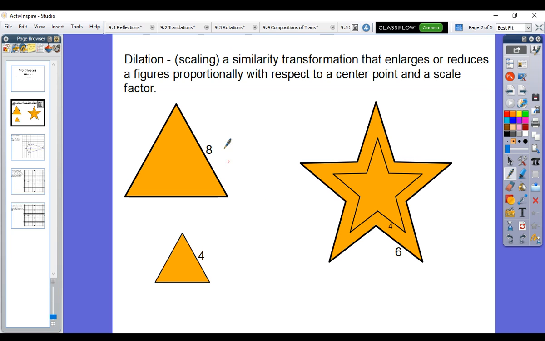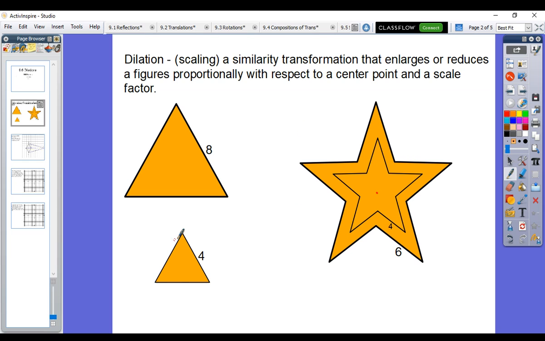Sometimes the center is outside, meaning they're reflecting from one side, or sometimes the center is in the middle and it's shrinking down. It's very similar to rotations, where you can rotate within the shape itself, or you can rotate around a circle. You can scale towards or away from a point, or you can shrink or enlarge things within itself.